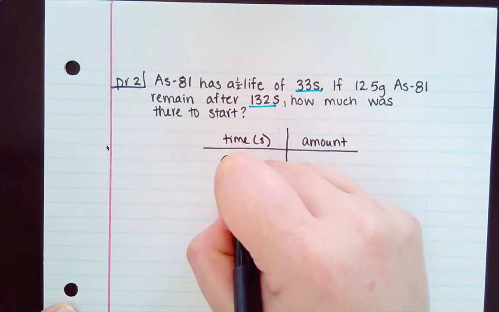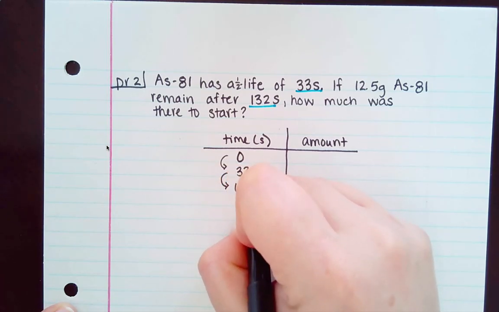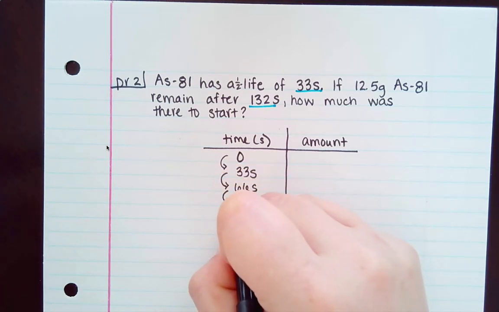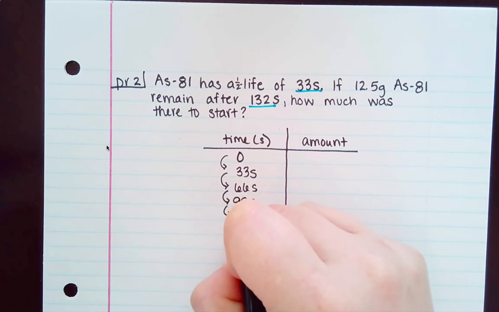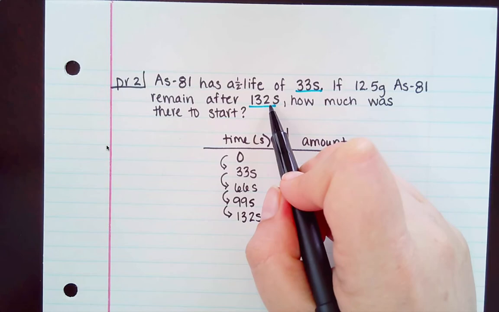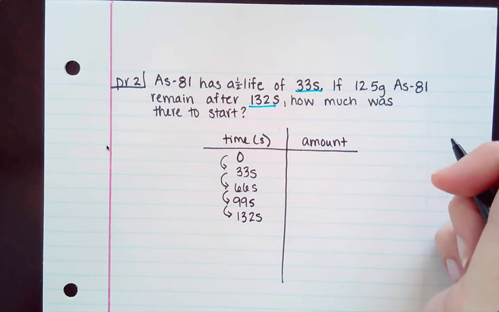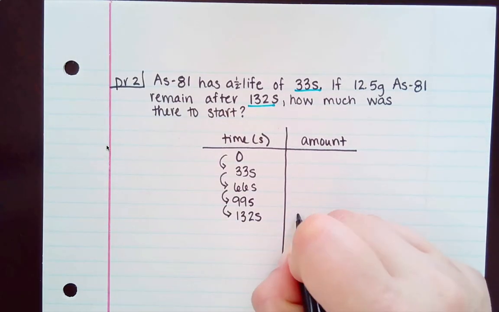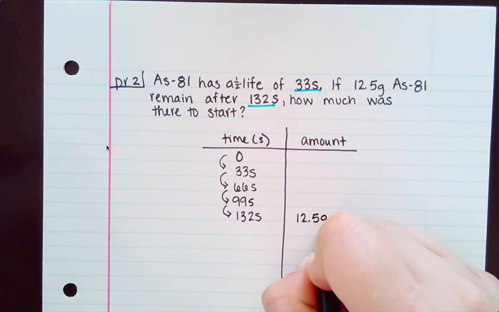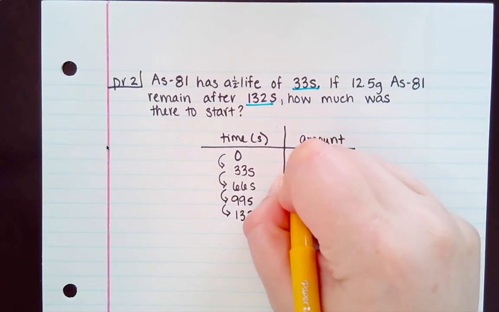So 33 seconds is one half-life, plus 33 is 66, plus 33 is 99, plus 33 is 132. Once I hit that number, I know I can stop. We're going to work our way backwards because it says at the end of this, there was 12.5 grams. And your goal is to figure out how much you started with.